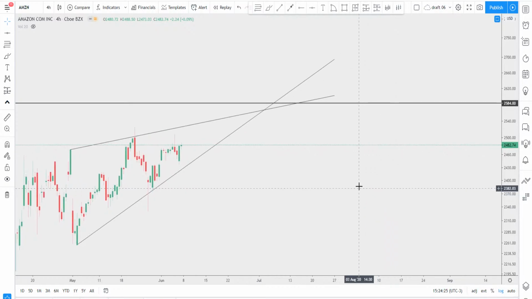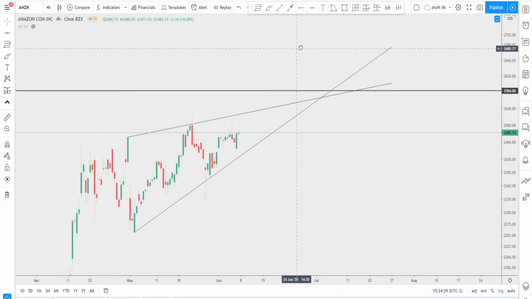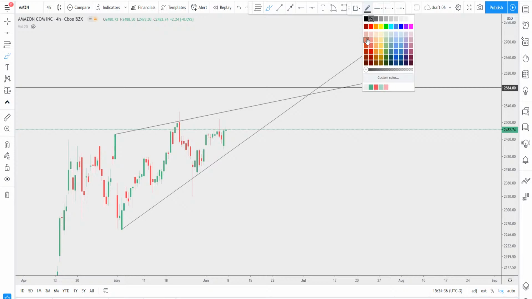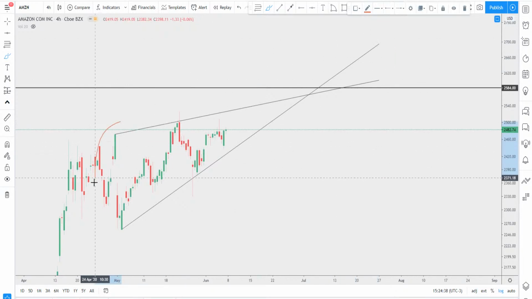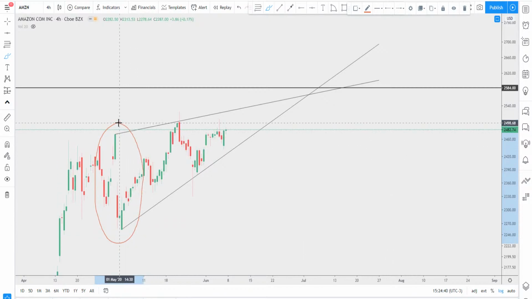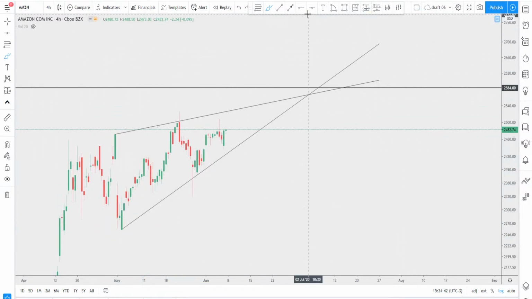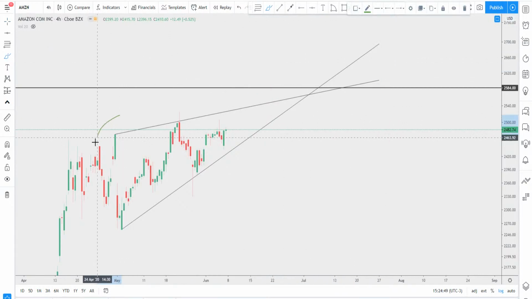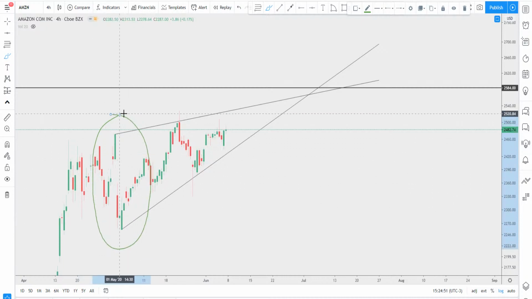Okay, so again, what I'm looking at here, let me show you how I see it. Oh, it's not ready, sorry, just a second. Give me the green, please. So that's the first stage of a rising wedge.